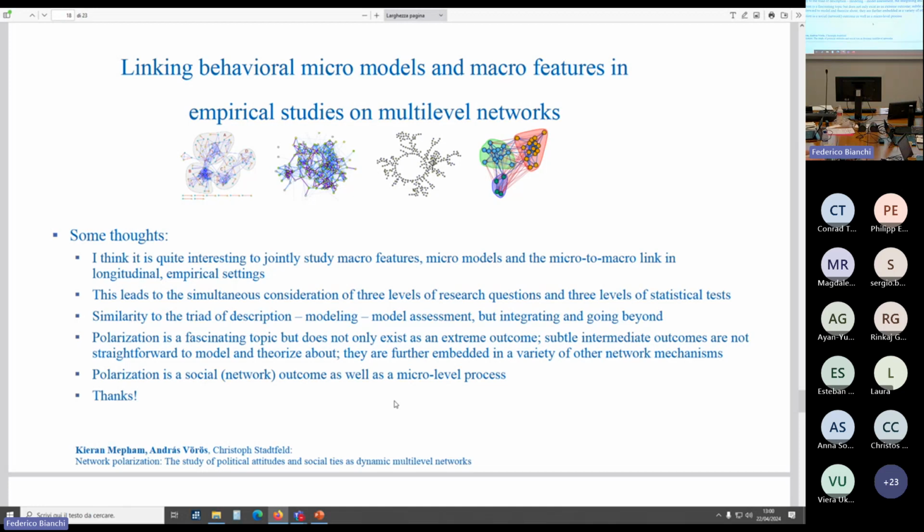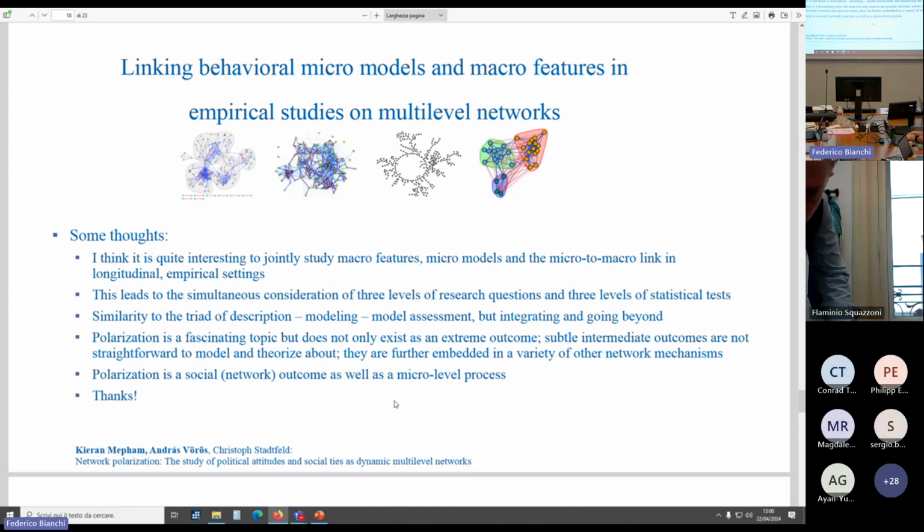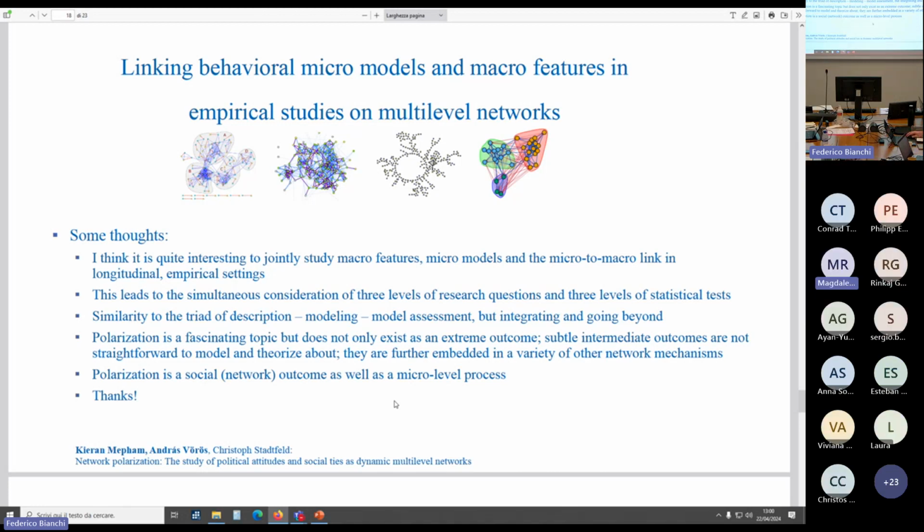I remember that, well, with these nodal variables like left-right self-placement, there are also some kind of feelings of warmth and coldness towards certain positions. Well, there's indeed not so much in the data. And as I said at the beginning, this is a first-year undergraduate program, so not really the empirical setting where you expect a social media type of culture war going on. But there are more salient topics. So these people are more likely to talk about which study programs to take, maybe about free time activities.